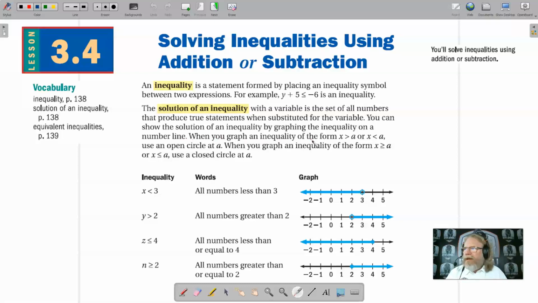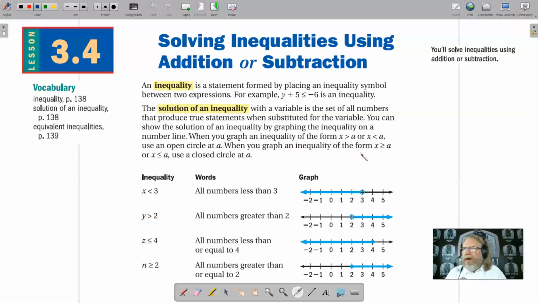When you graph an inequality in the form of x is less than a, or x is greater than a, you use an open circle at the point a. Such as here, we see this open circle. We have x is less than 3, so we have an open circle here, and y is greater than 2. At 2, we have an open dot there, and we'll talk about what that open dot means.